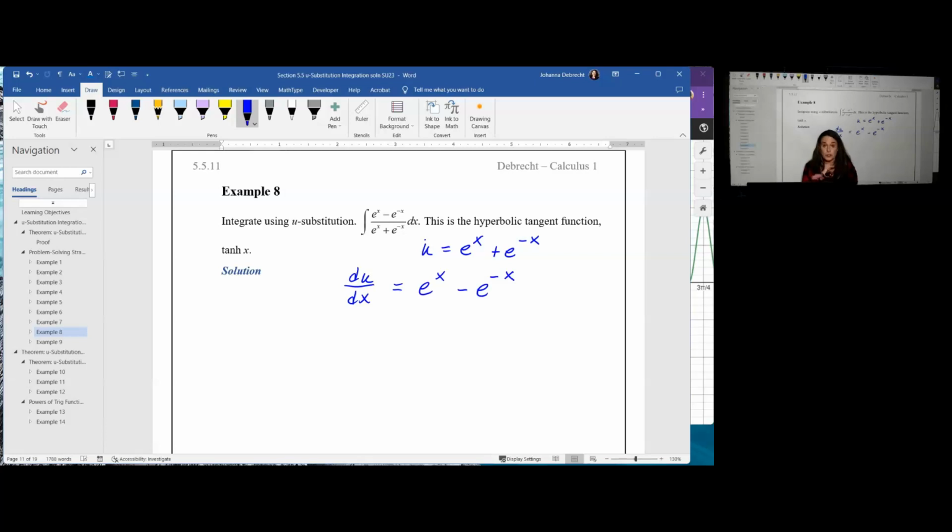This time, we're doing u-substitution, but we didn't actually see the composition. I'll show you where the composition is once we complete it. In this case, we then have exactly the remaining factors inside of our fraction. And so we can immediately substitute.